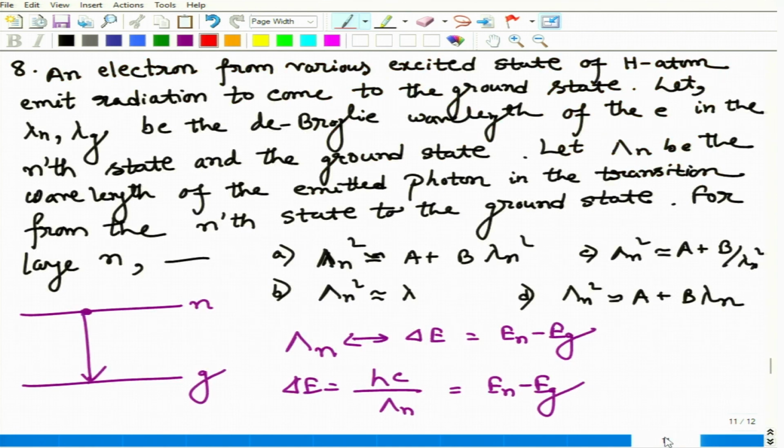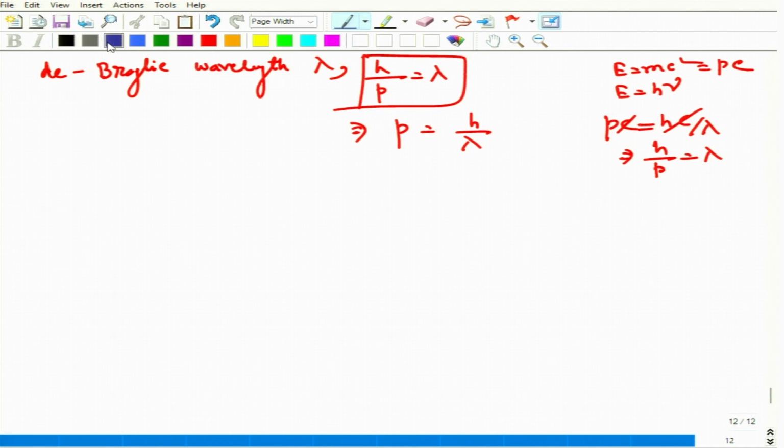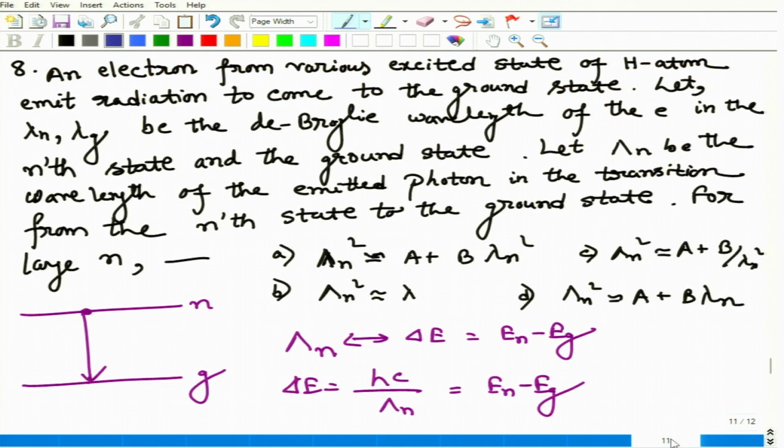Now, what is given? Yes. Okay, lambda n and lambda g, those are the de Broglie wavelengths. We have to convert that because we need En and Eg, then we can divide it, and from that we can find out the relation of lambda n, that we can do, but we have to do that first, that scale h square by 2 m lambda g.